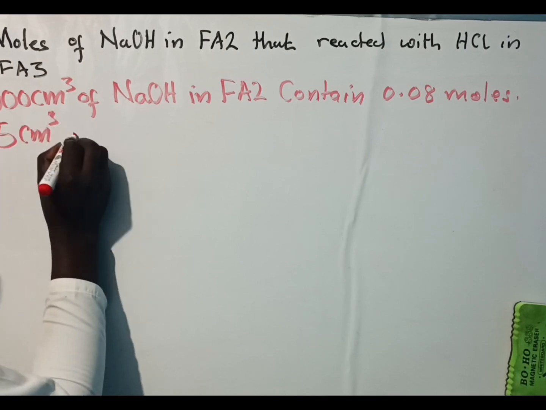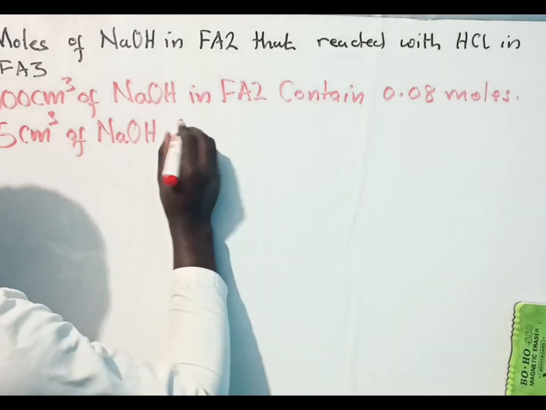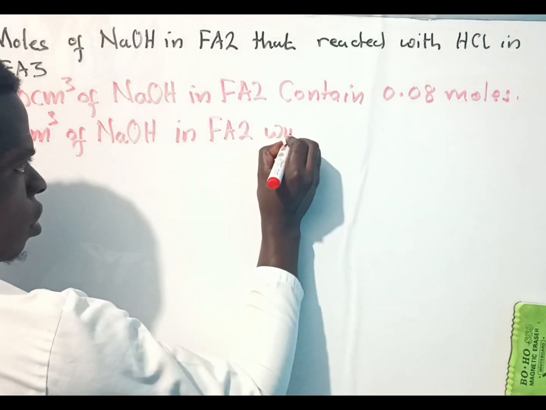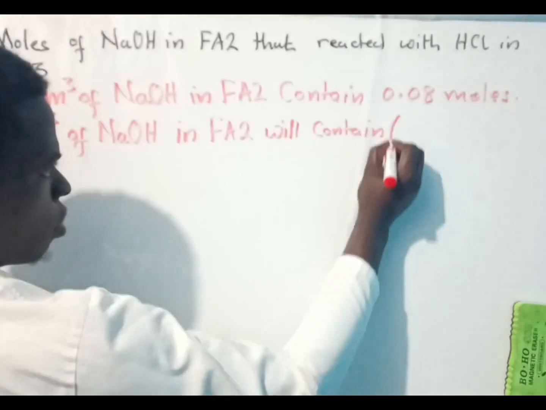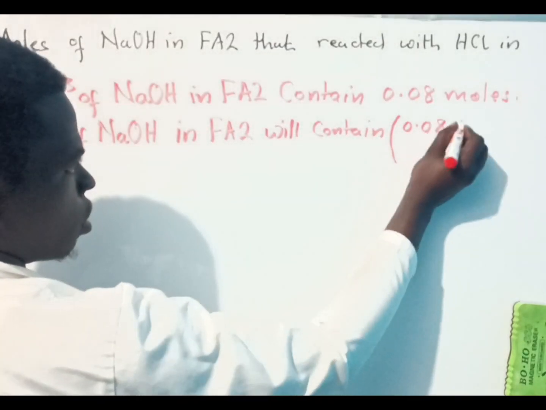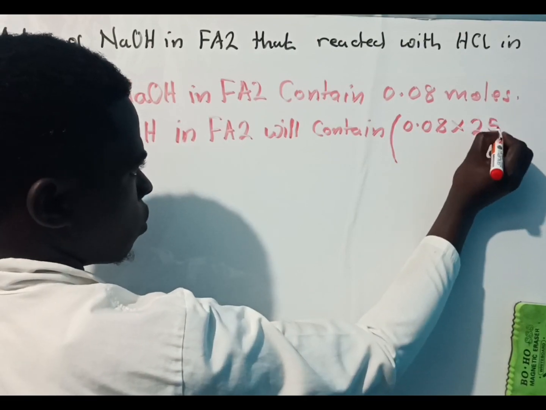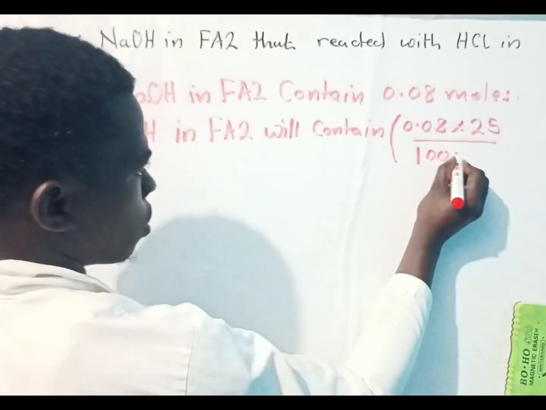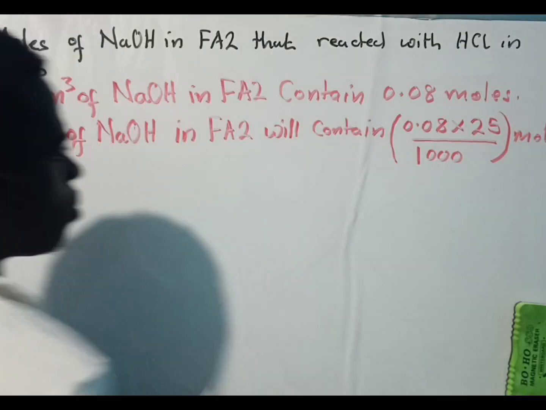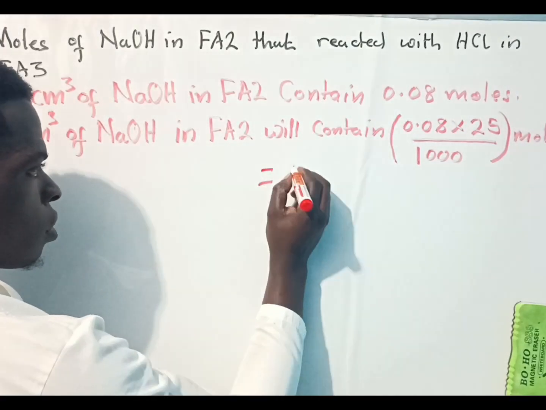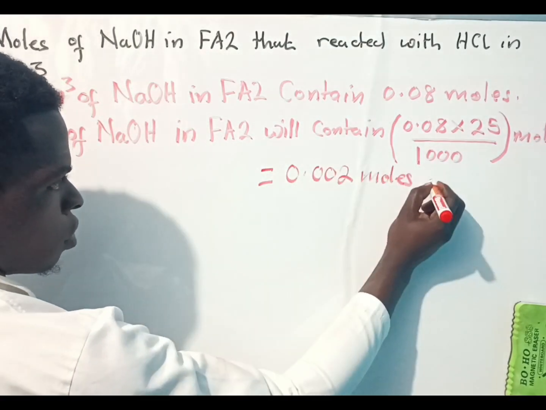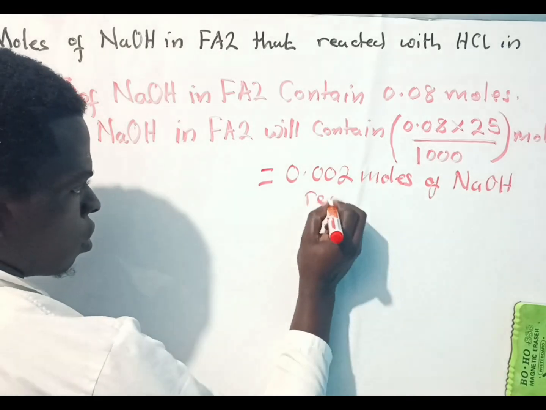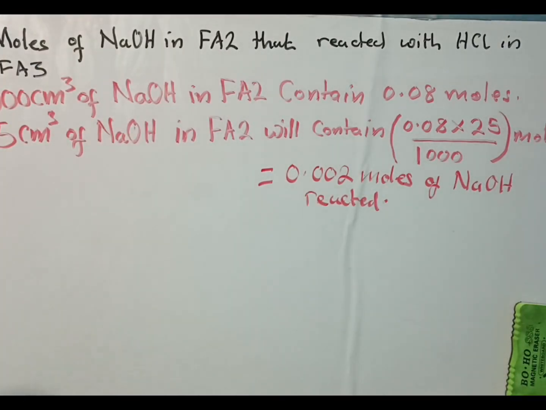What about the 25 cubic centimeters of sodium hydroxide in Fa2 will contain 0.08 times 25 over 1,000. These are moles, giving 0.002 moles of sodium hydroxide that reacted.